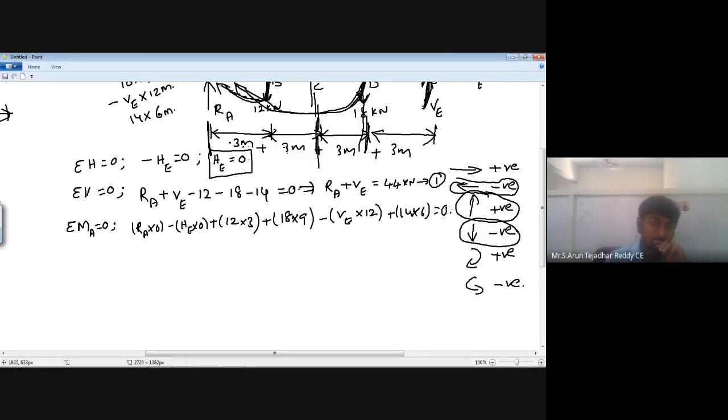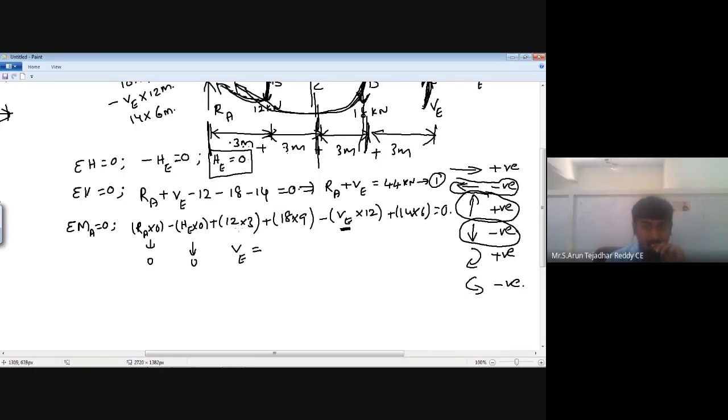Now all of you open your calculators and enter these values, then you will get the VE value. Here RA is 0, HE is 0.